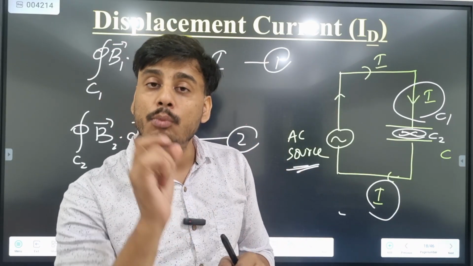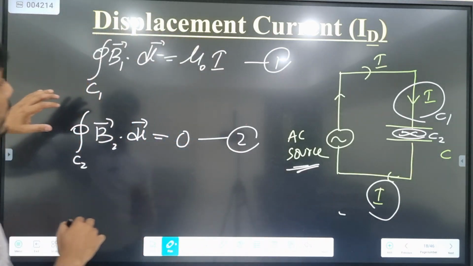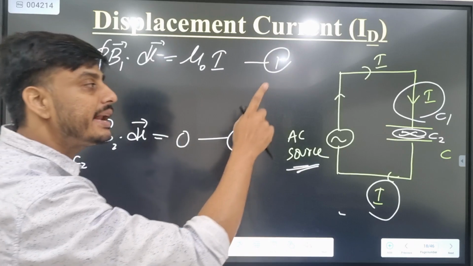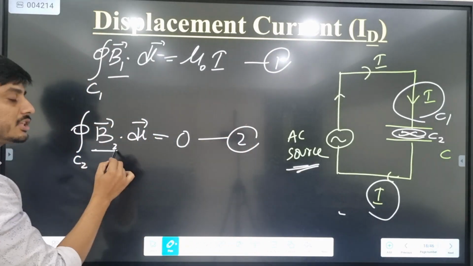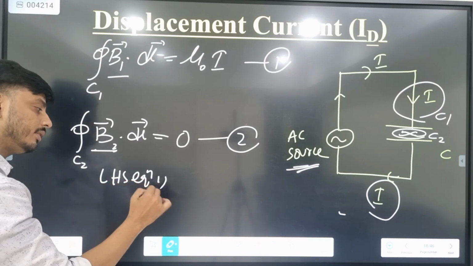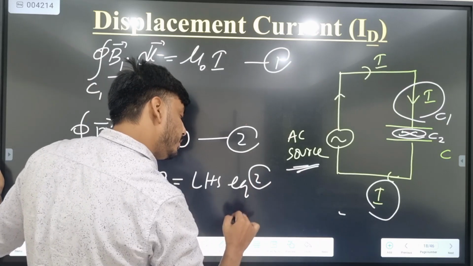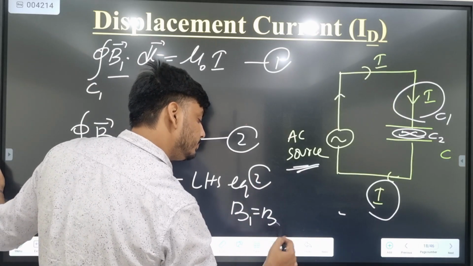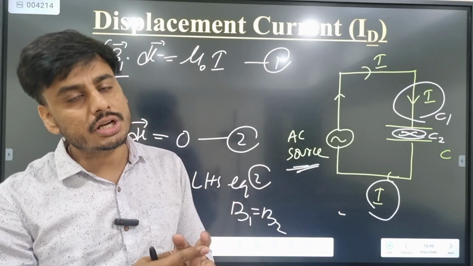So Maxwell resolved this contradiction, because from the Biot-Savart law, you know that the magnetic field is directly proportional to current. So whatever the magnetic field present on the circuit must be the same. So the LHS of equation 1 must be equal to the LHS of equation 2, because B1 equals B2, because the same amount of current is flowing through the circuit.